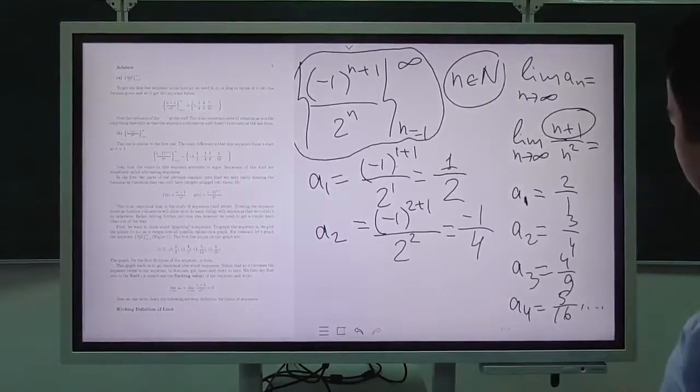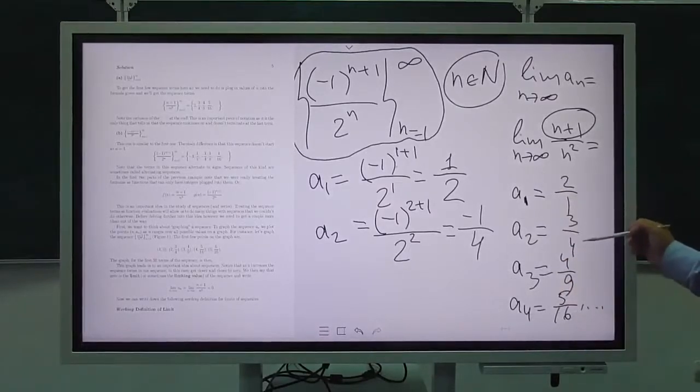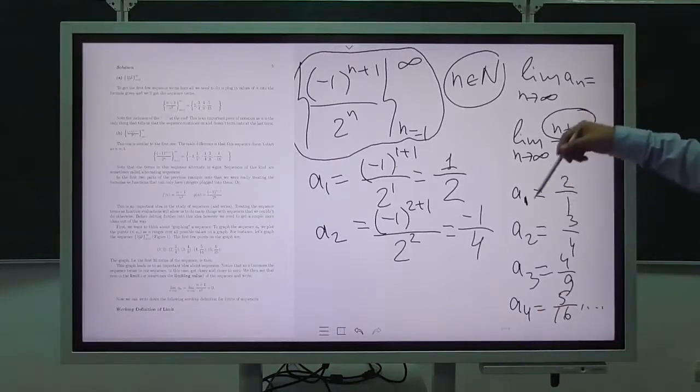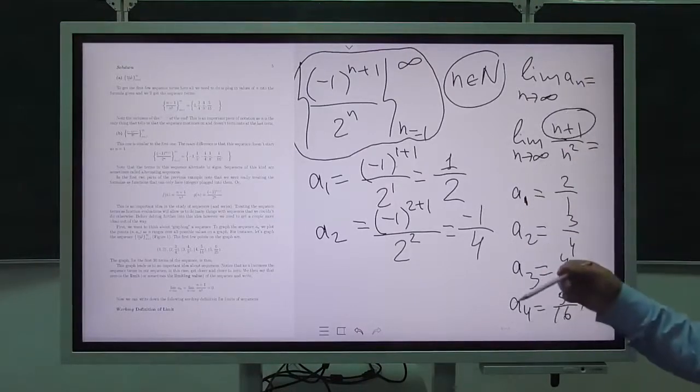So what kind of sequence do we get? 2, the next term is 3 fourths, the next term is 4 ninths, 5 sixteenths, etc. So this sequence is decreasing, because when n increases, the terms decrease.